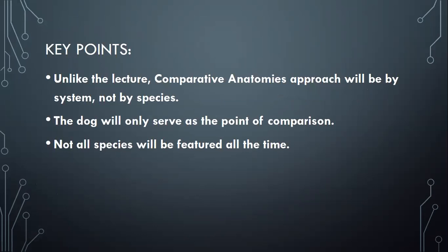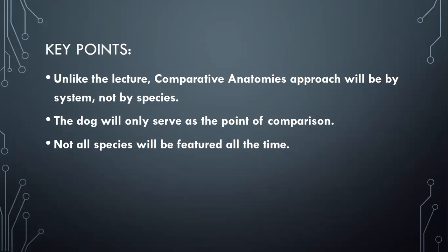If you answer dog on your quizzes, I will not accept that answer, because the dog will serve as the point of comparison. We already devoted 1 semester, that's 5 months, to learning the dog itself. You also have a disclaimer here: not all species will be featured all the time.